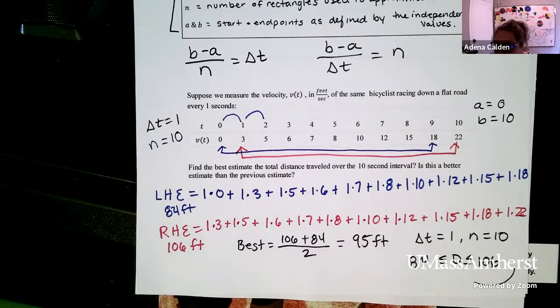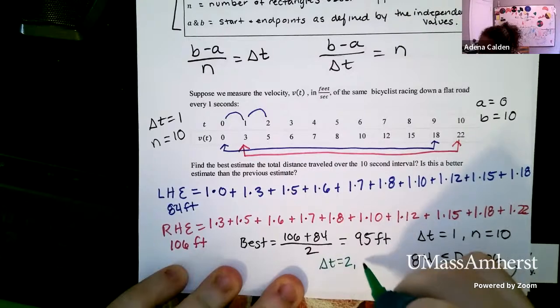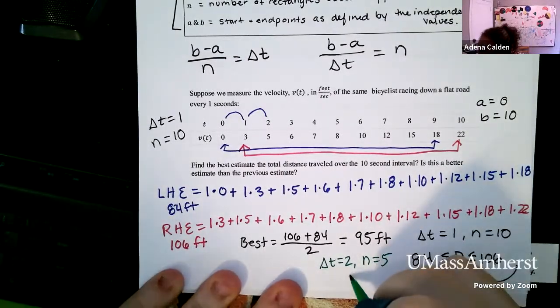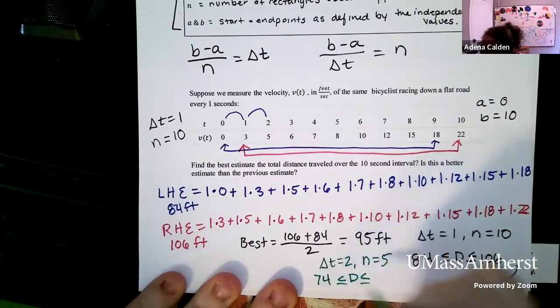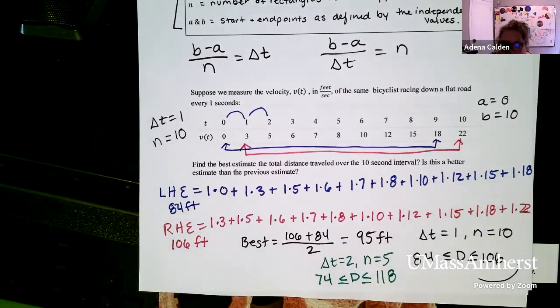When we did this before, we had delta t equals 2 and n equals 5. We were counting every 2 seconds, and we knew then that our distance had to be between 74 and 118 feet.